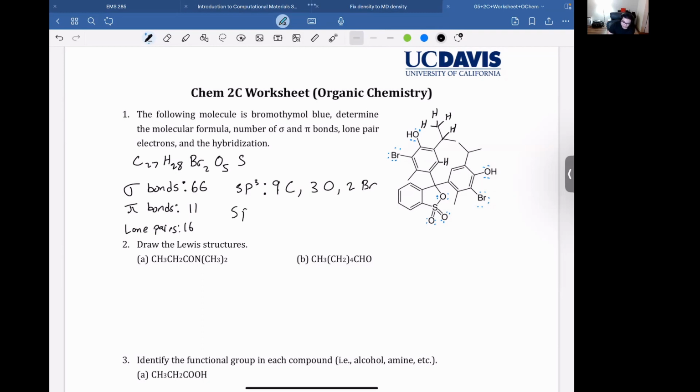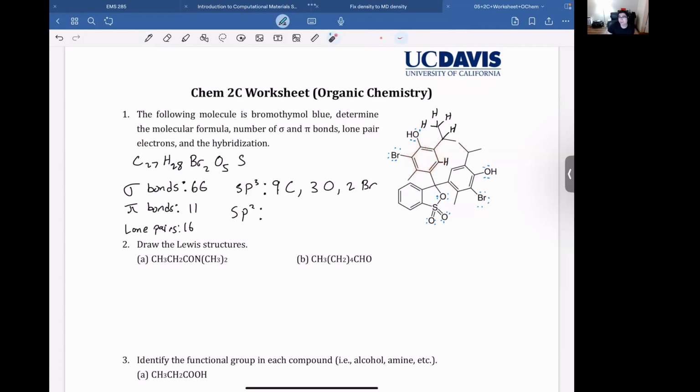For sp2 hybridization, you can look at things for 3 electron groups or 1 pi bond, exactly 1 pi bond. When we move on to sp, don't think of it as double bond, think of it as pi bond, the number of pi bonds the atom has. So if we're looking at things with 1 pi bond or 3 electron groups, all these carbons in these rings have 1 pi bond.